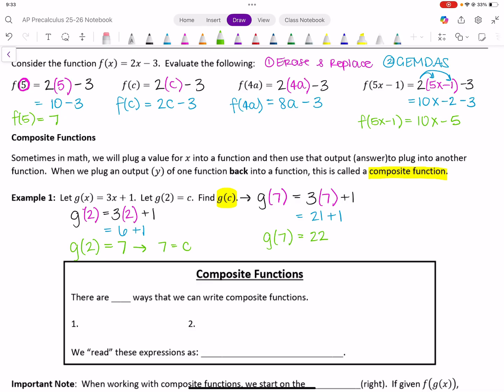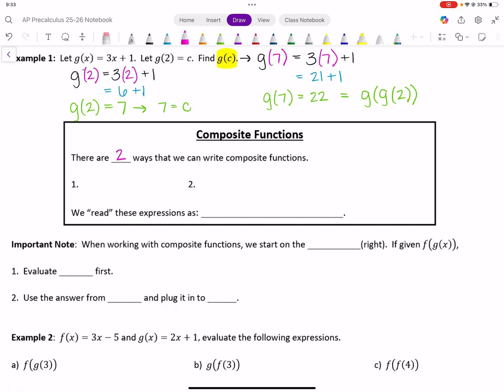So another way to write this and be told to evaluate is this would be the exact same as asking for g of g of 2. So that would be the exact same process. And there are actually two different ways that we can write composite functions.